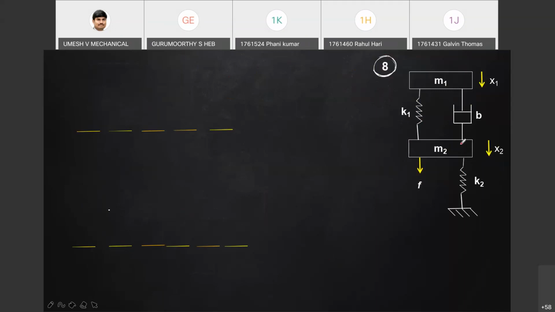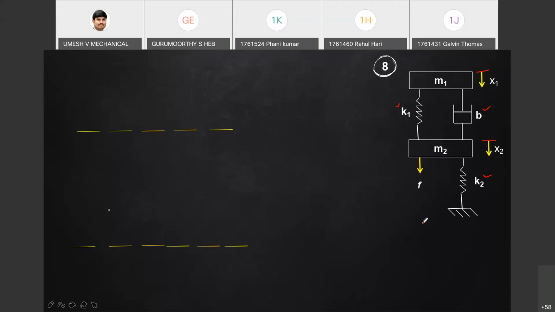Ask him to read the problem, because if you are writing, I give time for you to write while I'm explaining this. Now free body diagram and all not required. Directly you can write the differential equation, but in the exam you don't skip.